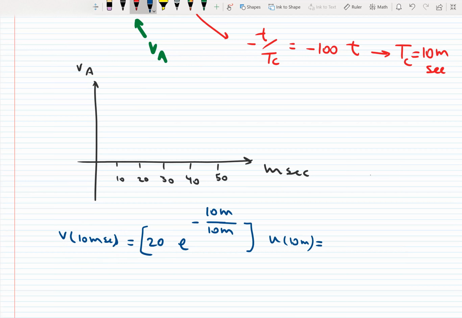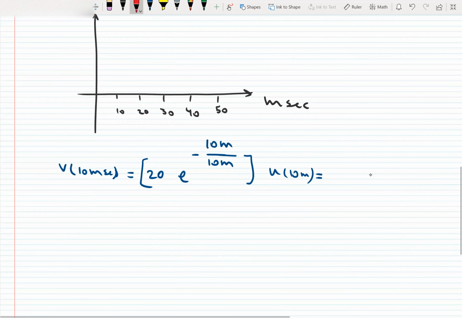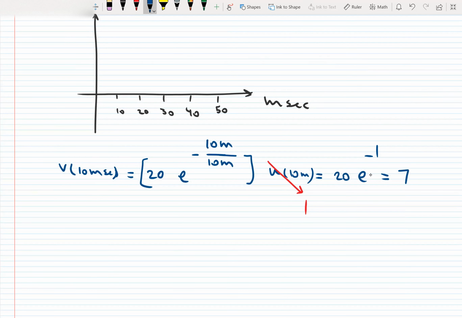Okay, so here u of 10 milliseconds is equal to 1, and we will have 20 e to the negative 1, which is equal to 7.358.